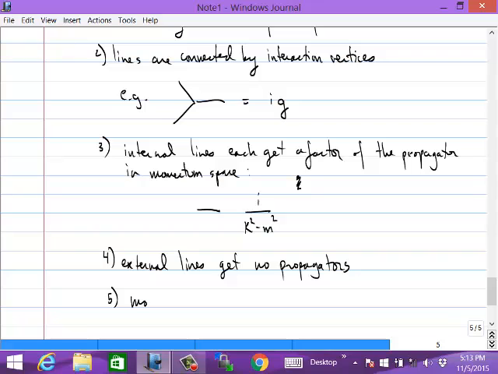And the momenta of internal lines are determined by momentum conservation at each vertex.